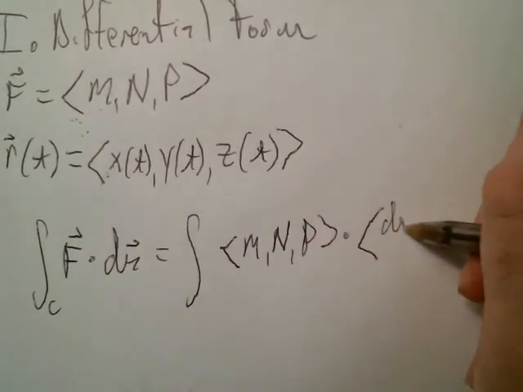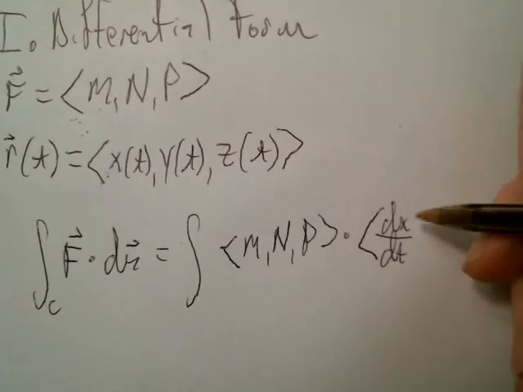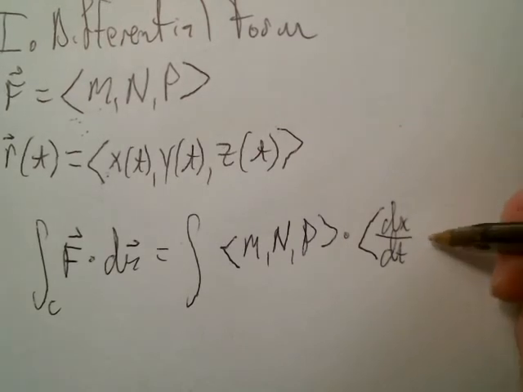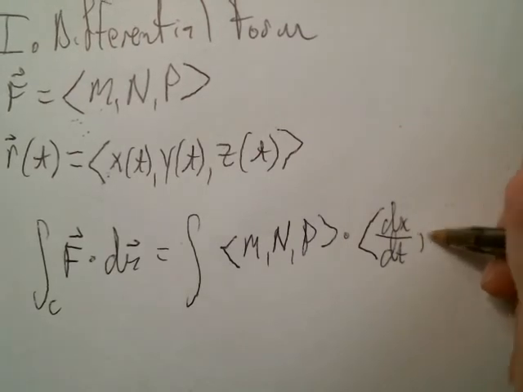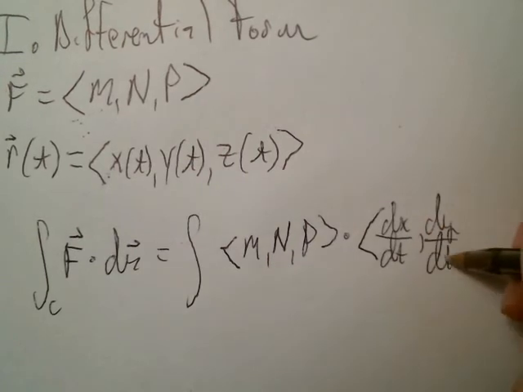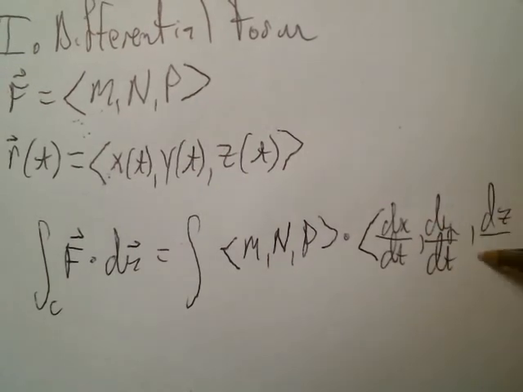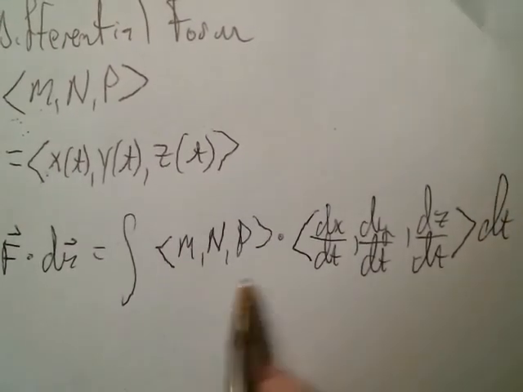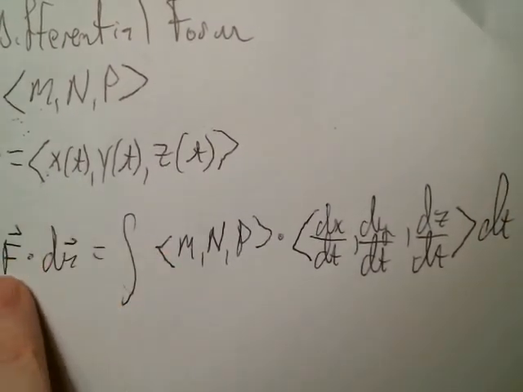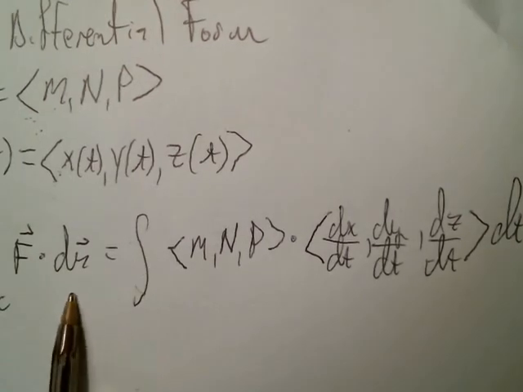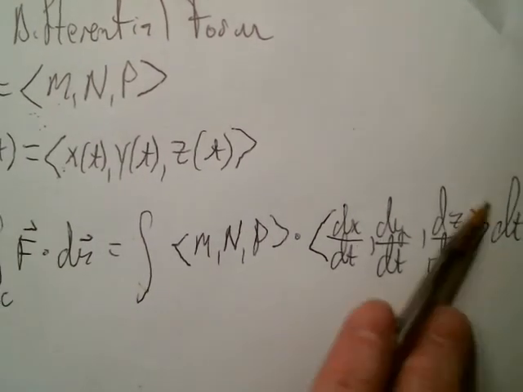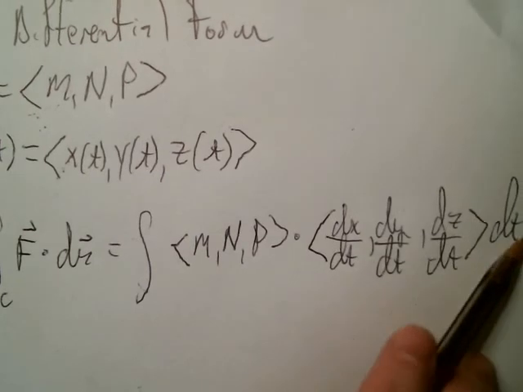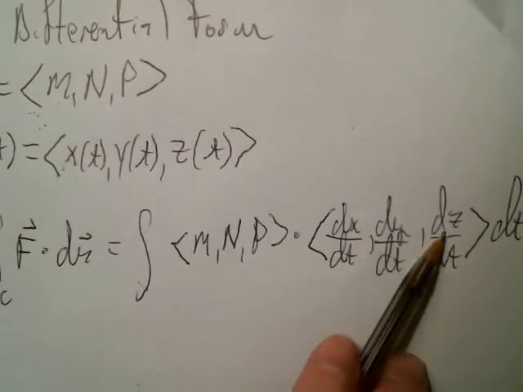So dx with respect to dt, comma dy with respect to dt, comma dz with respect to dt, times dt, right? That would just leave you with the dr part, not the dr over dt. If you sort of abuse notation and distribute this back through, the dt's cancel, you get dx, dy, dz, right?